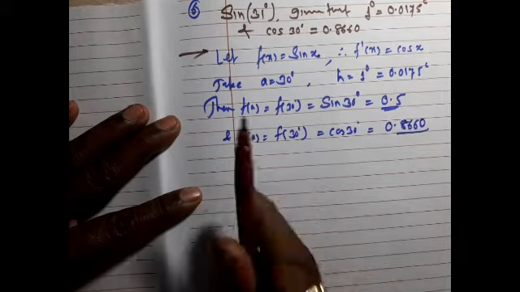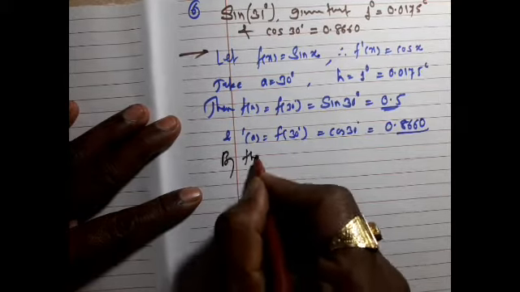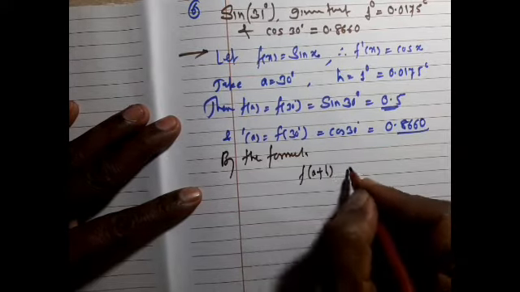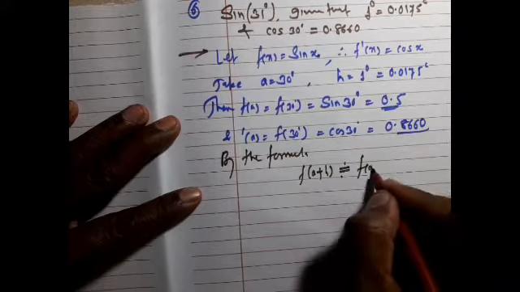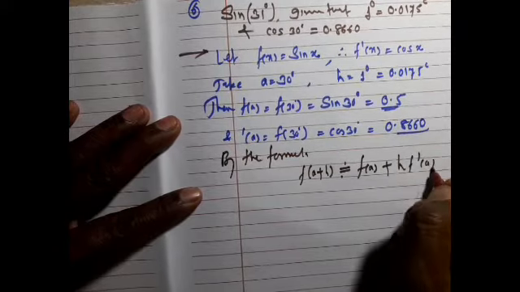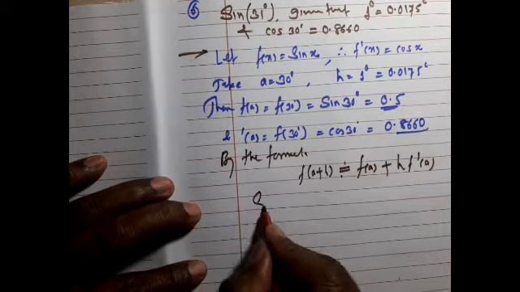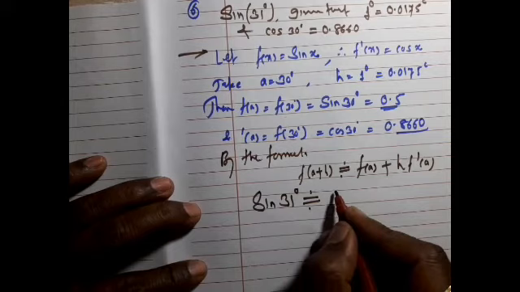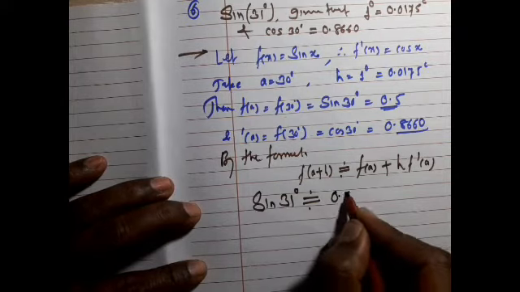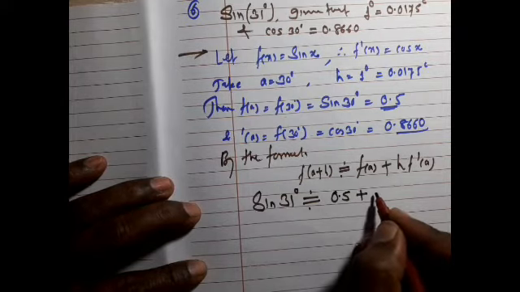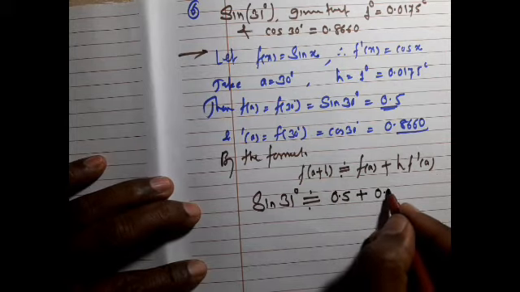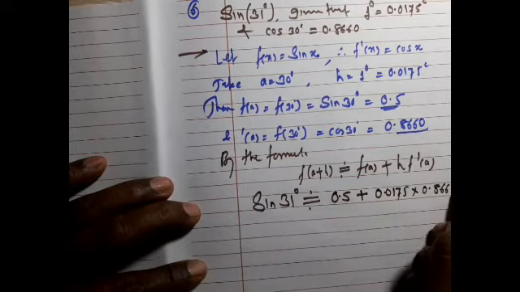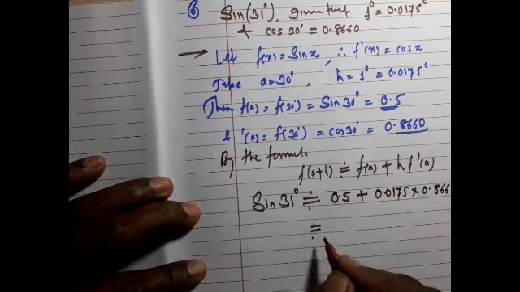Therefore, by the formula, f of A plus h is approximately equal to f of A plus h f dash A. That is sine 31 degrees is approximately equal to 0.5 plus 0.0175 into 0.8660.